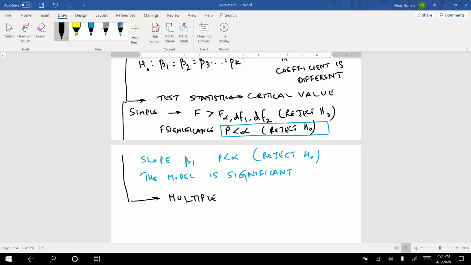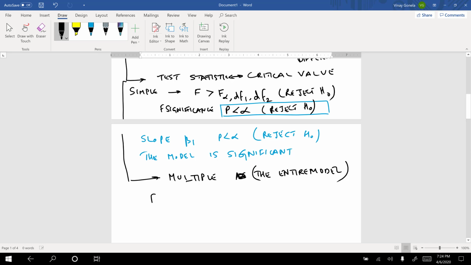In multiple regression, the first thing is the whole model, the entire model. We wanted to make a decision about the entire model. So if you look at the entire model and you are looking at the test statistic value, F greater than F alpha, degree of freedom 1, degree of freedom 2, again this is the degree of freedom of regression, which you will observe from ANOVA, and this is for error or residual.